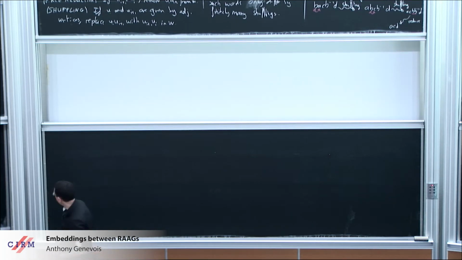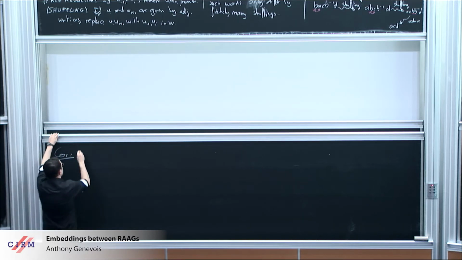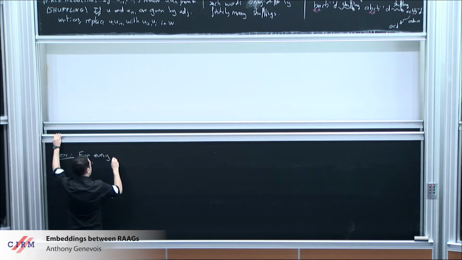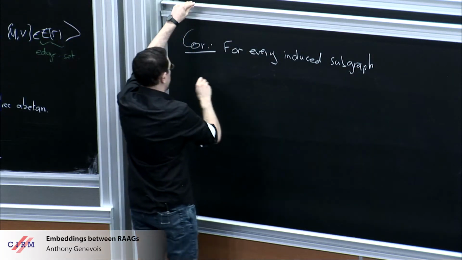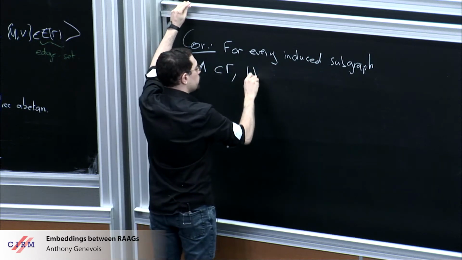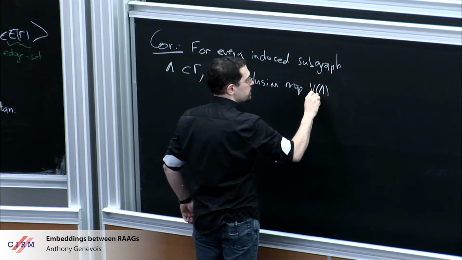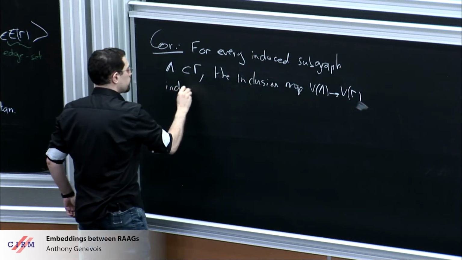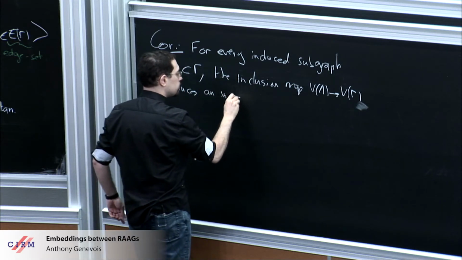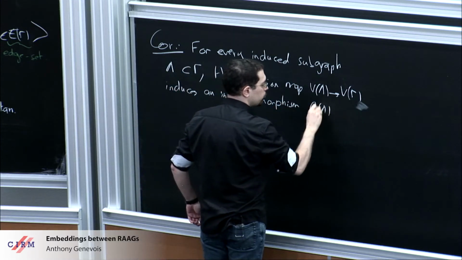Okay, so another consequence of this proposition, which is important for us, is that for every induced subgraph lambda inside gamma, the inclusion map, going from the vertices of lambda to the vertices of gamma, induces an injective morphism from A lambda to A gamma.